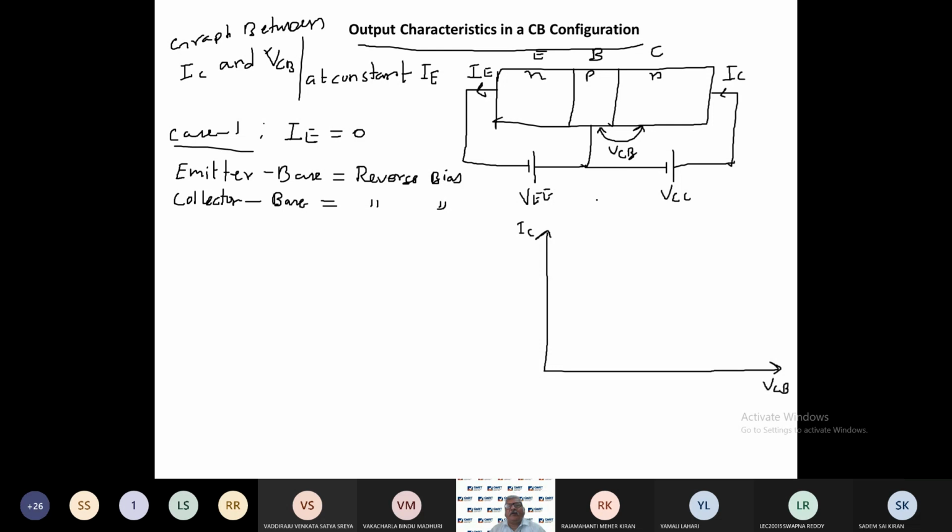Both of these are reverse bias. So under this condition, what will happen? Only the leakage current will flow in the base and emitter region.